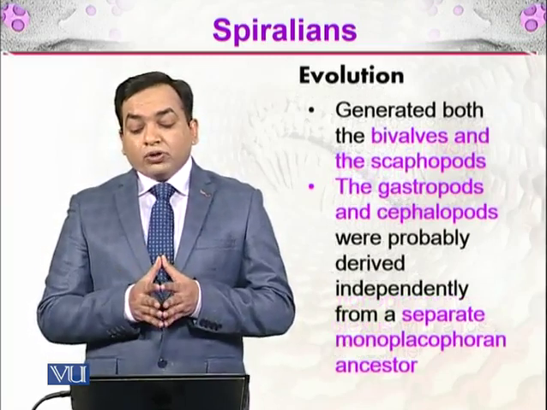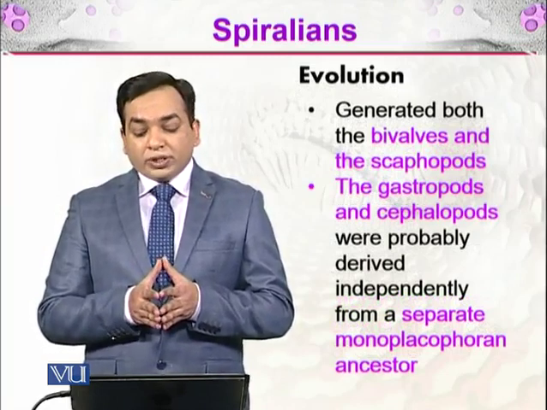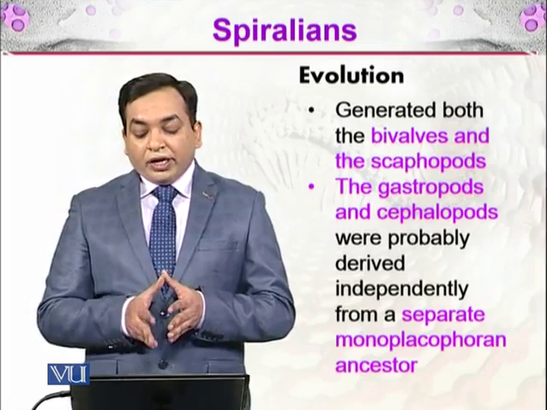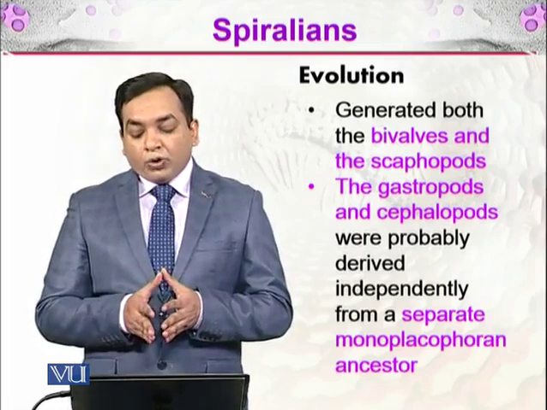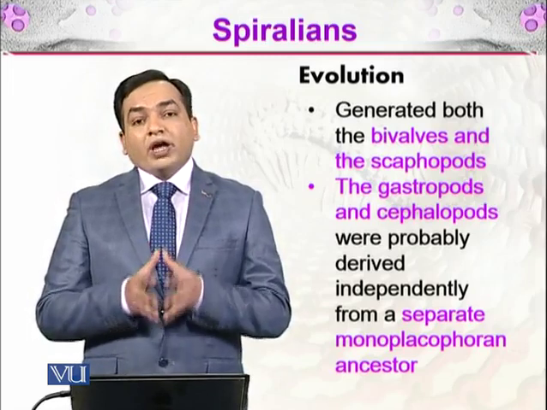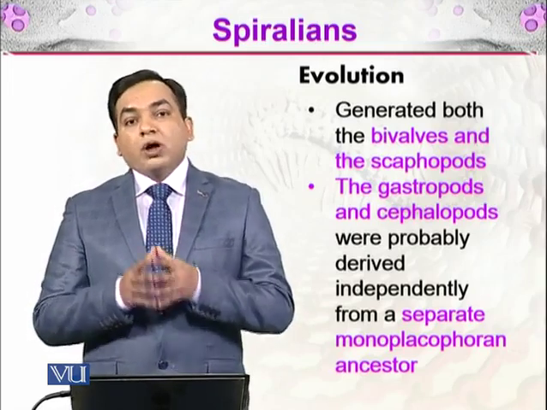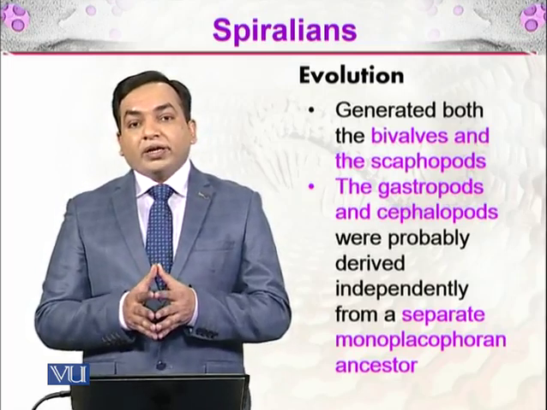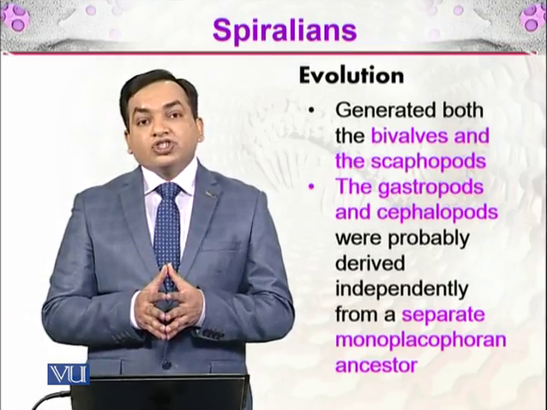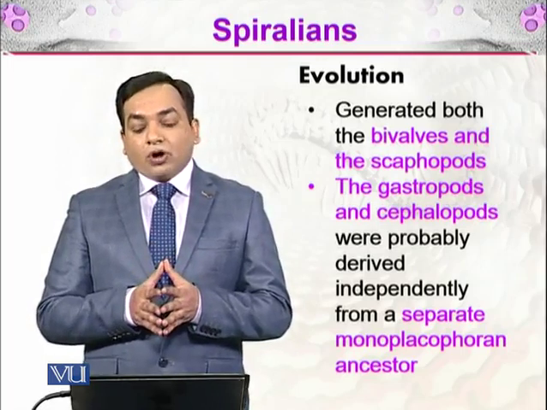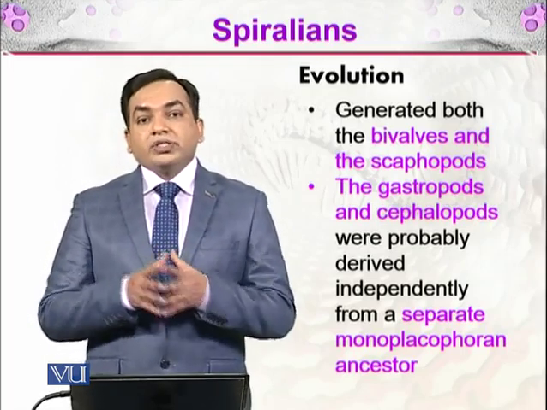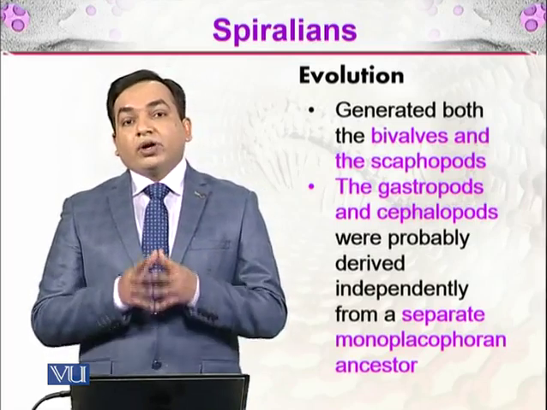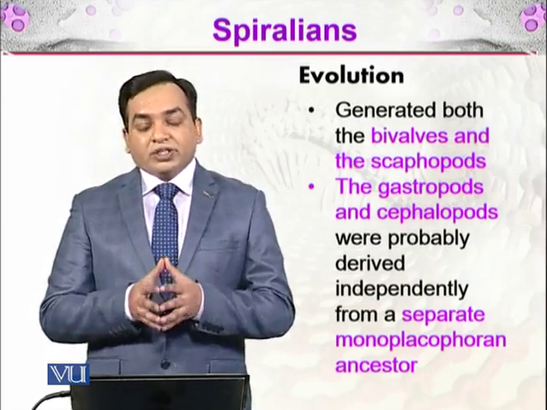So they generated both the bivalves and scaphopods. The gastropods and cephalopods were probably derived independently from a separate monoplacophoran ancestor. So the bivalves and scaphopods are considered descendants of these organisms, while the gastropods and the cephalopods have a different monoplacophoran ancestor.